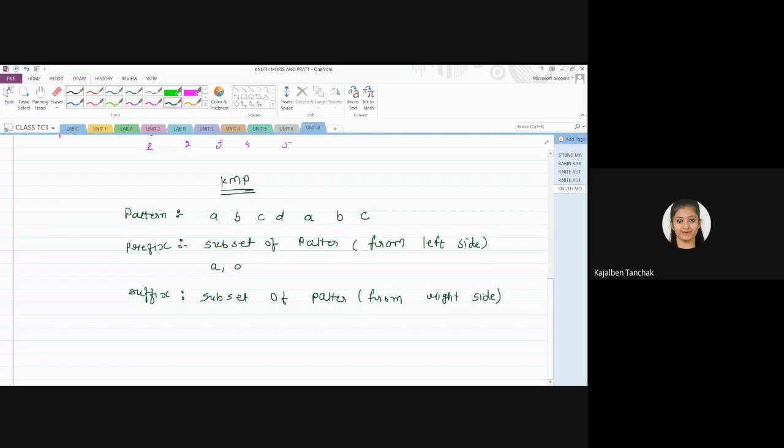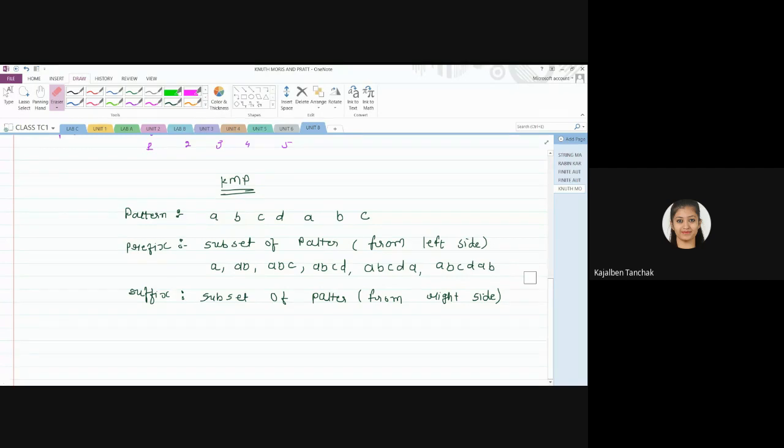One is A. AB can also be a prefix, ABC can be a prefix, ABCD, ABCDA, ABCDAB. And the last one, ABCDABC, is it a prefix or not? No, it is the entire string, so this is not our prefix.